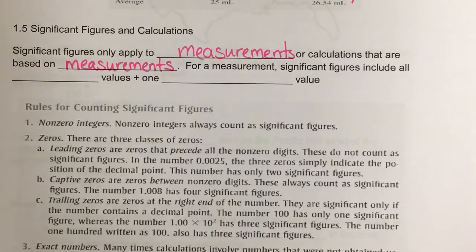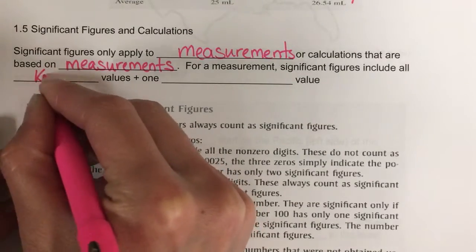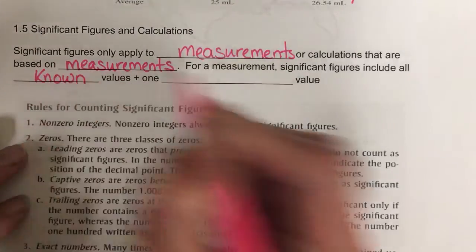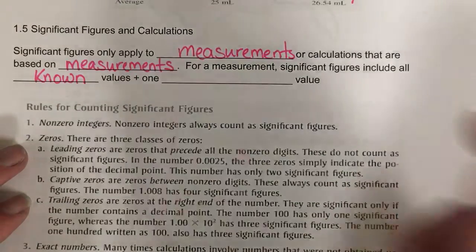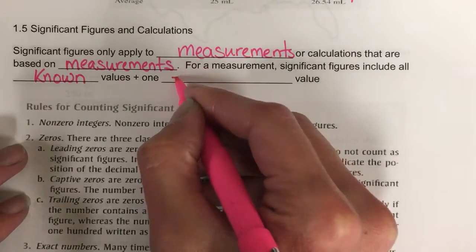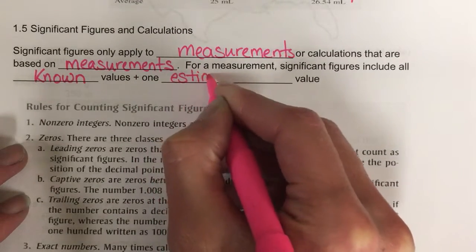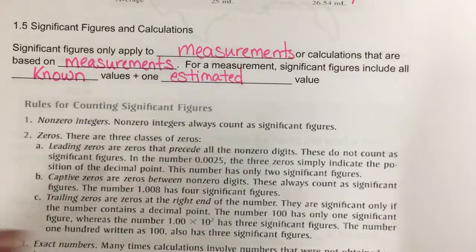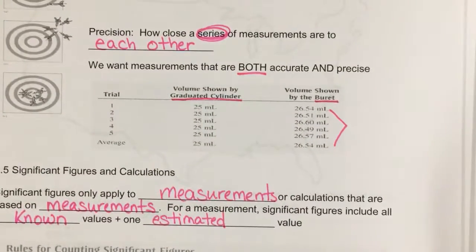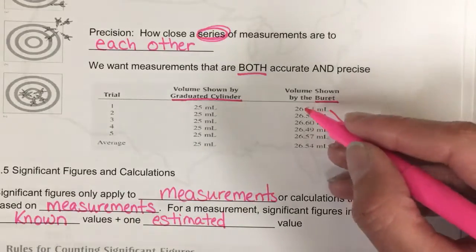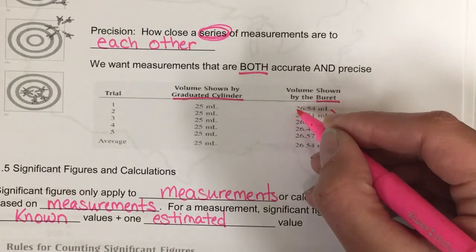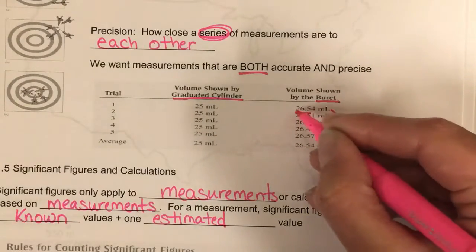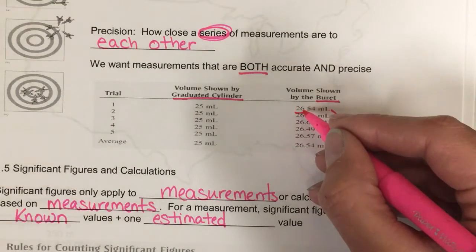Now, significant figures are going to include all of the known values, so everything that I'm able to see, plus one estimated value. So if I were to look back at the data above, all of the known values would be the first numbers, 26.5.